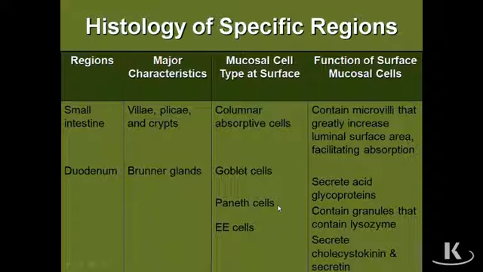Now, duodenum specifically. Duodenum is looking like all of the other parts of the small intestine in that it consists of villi and crypts with the same array of mucosal cells. The distinguishing feature of the duodenal mucosa, however, is not the presence of the cells, but the underlying submucosal distinct Brunner's glands that are releasing an alkaline product into the lumen of the duodenum.